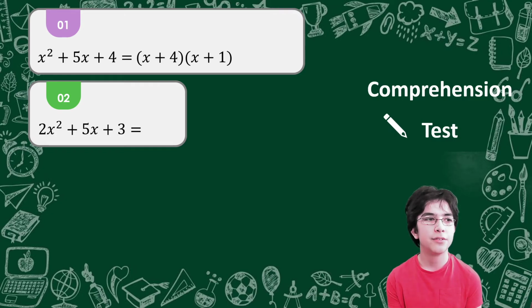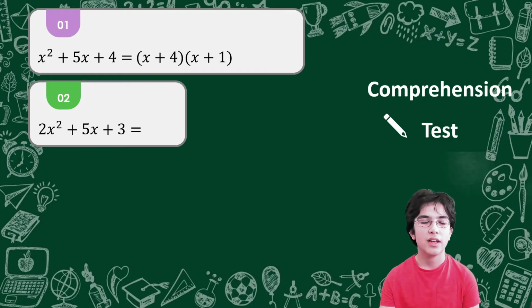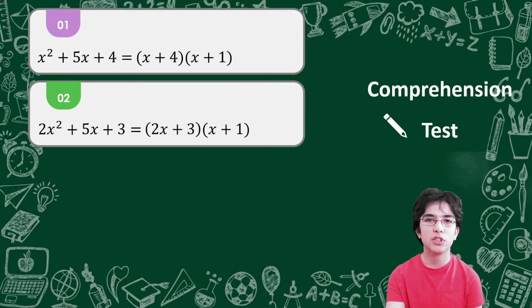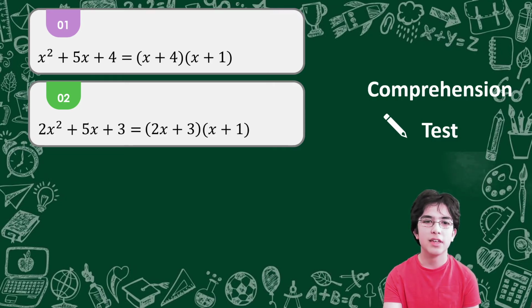We can only have for the first number 2 and 1, and for the second number 3, we can only have 3 and 1. So we'll have to figure out how to multiply 2 and 1 and 3 and 1 in order to get an end result of 5. And this will be 2x plus 3, x plus 1, because x is multiplied by 3, and 2x is multiplied by 1, adding up to 5x.